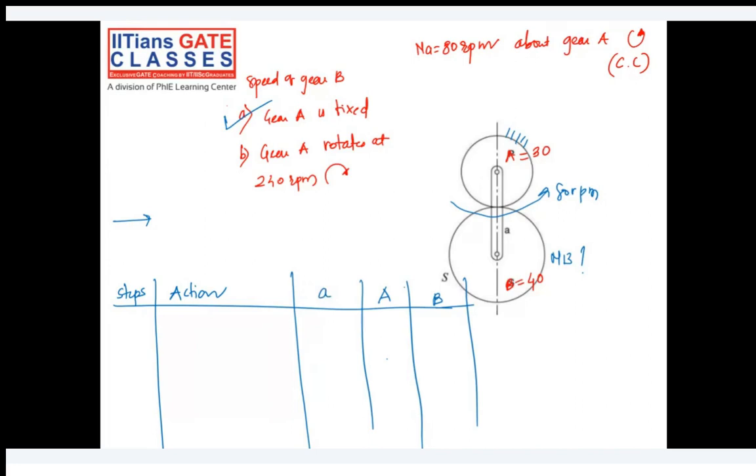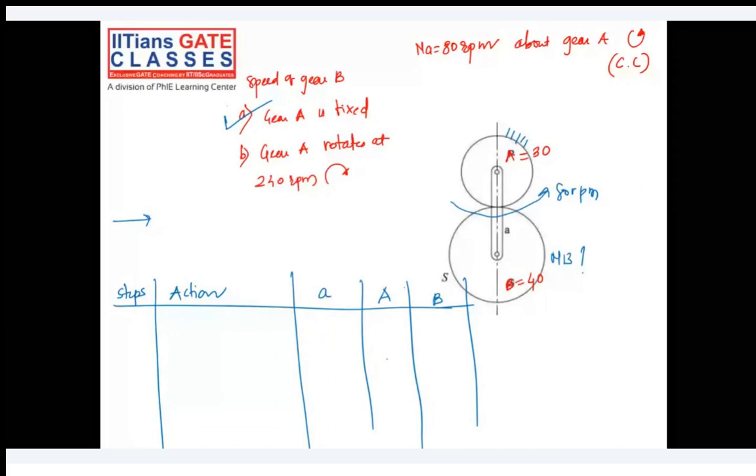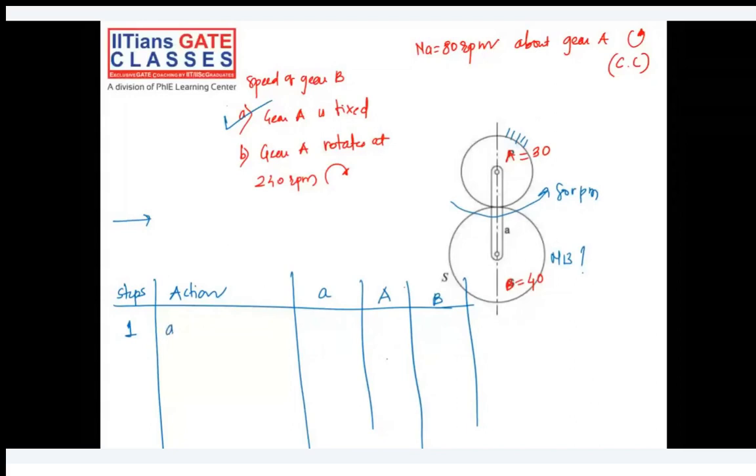Now let's do the first step. The first step you always have to do is: arm is fixed. If you fix the arm and give plus 1 revolution to gear A, that is, plus NA equal to 1 basically.